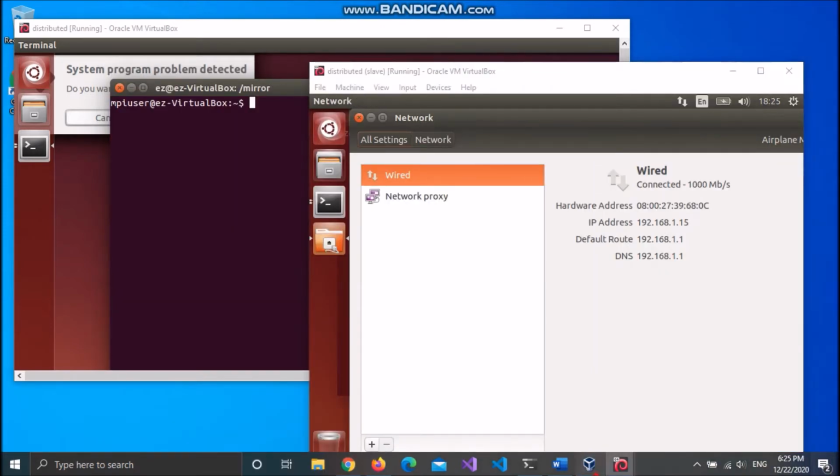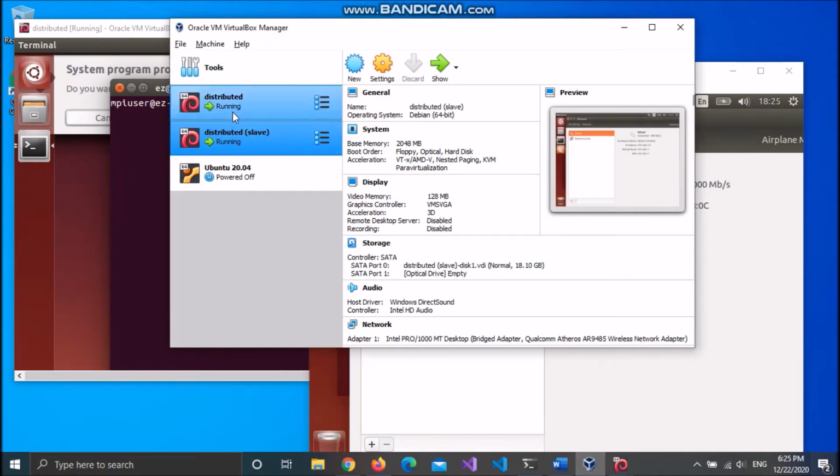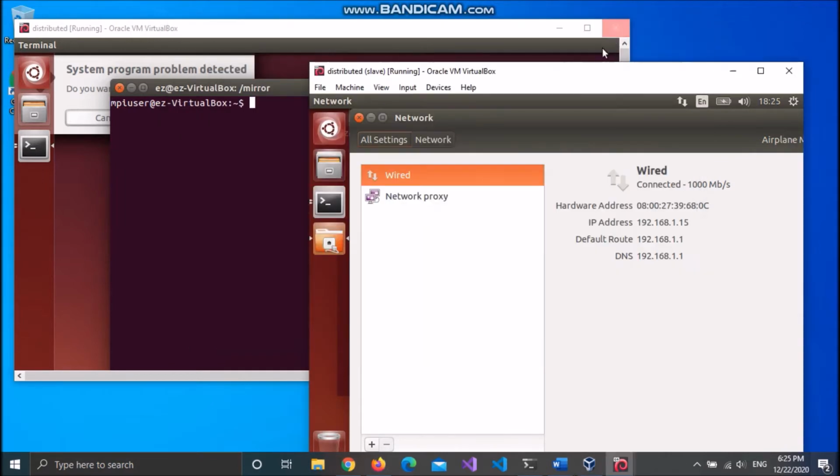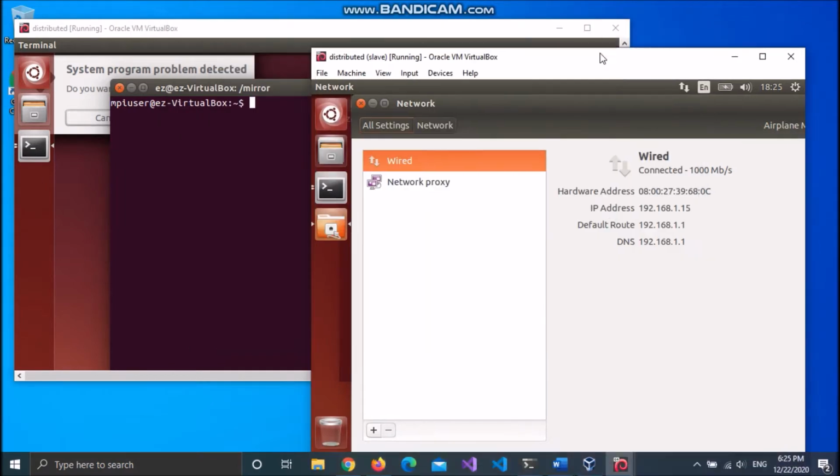As this is a distributed environment, I have two identical virtual machines. One is named distributed and the other is named distributed slave. This is basically my cluster consisting of two machines, which will be running my program. One device has an IP address of 192.168.1.15.